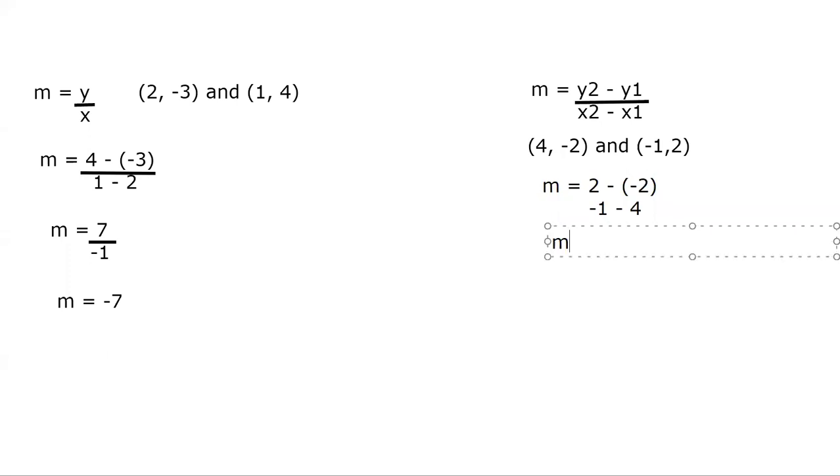M, I'm going to show you this. M is going to be, you have negative multiplied by negative, so you obtain positive. 2 plus 2 is going to be 4, right? And in the other one, for example, -1 minus 4, this is an addition of 2 negative numbers.